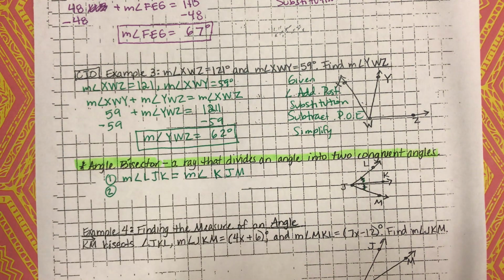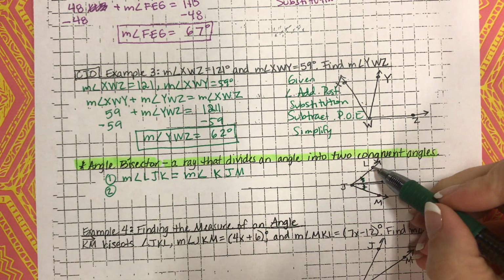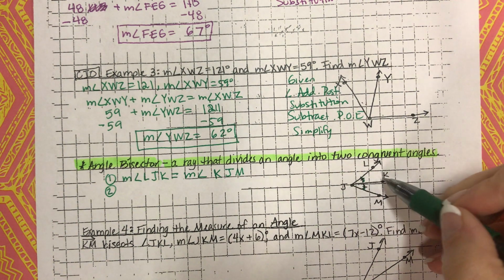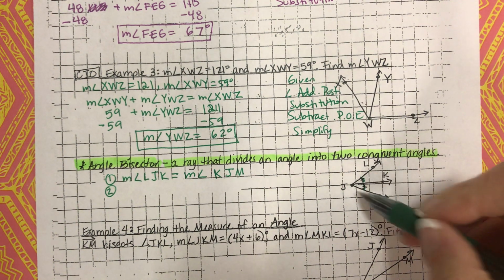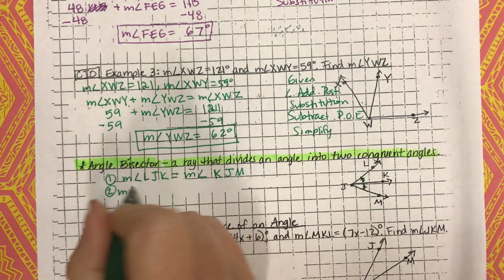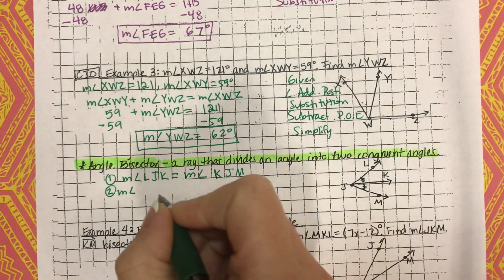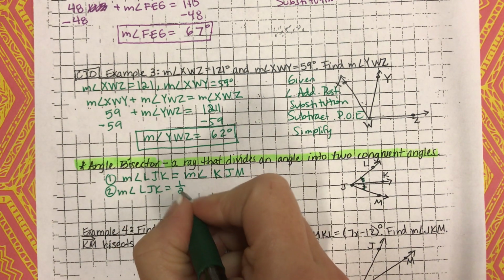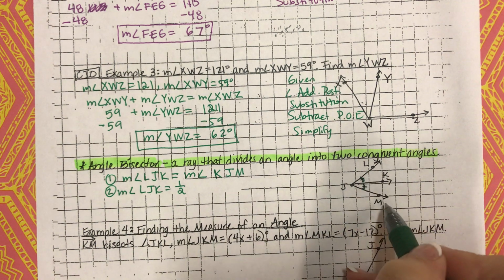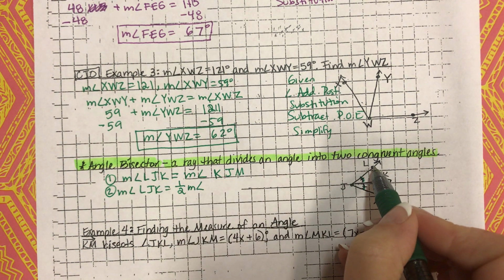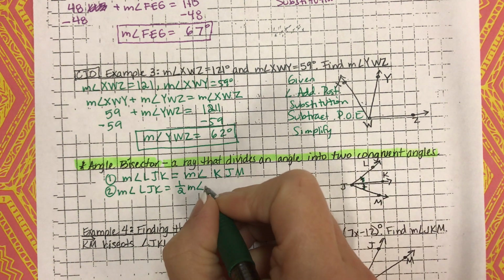Another equation is that this small angle is actually half of the big angle. So the measure of LJK is equal to 1/2 the measure of the big angle, which would be the measure of angle LJM.